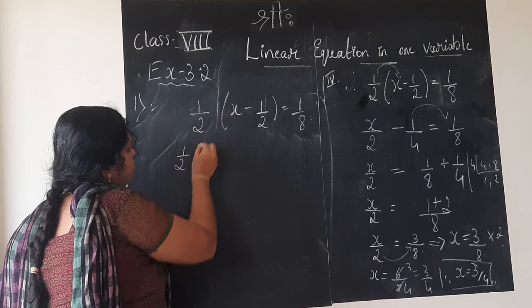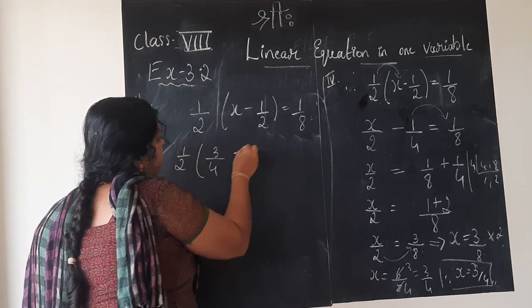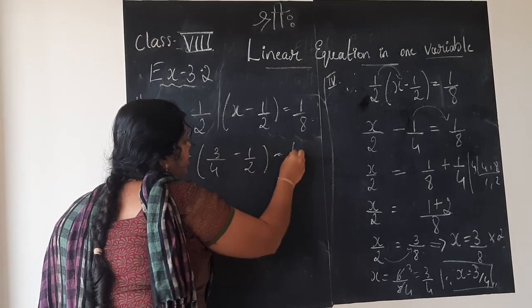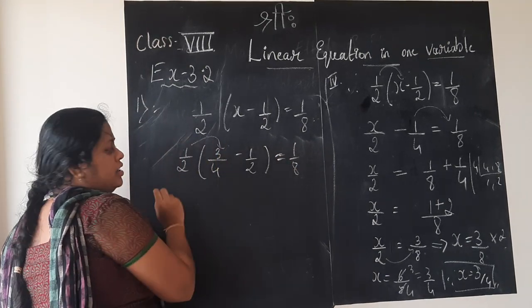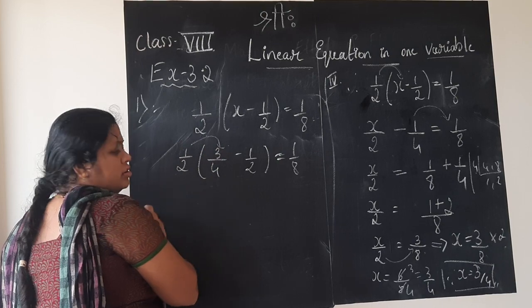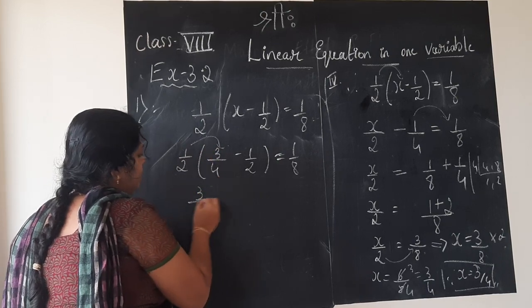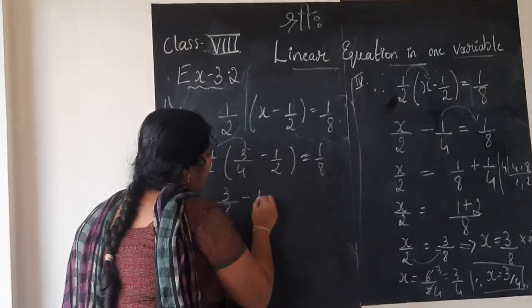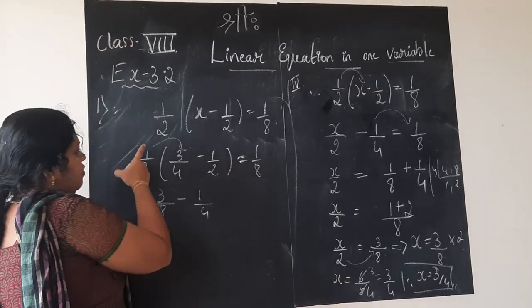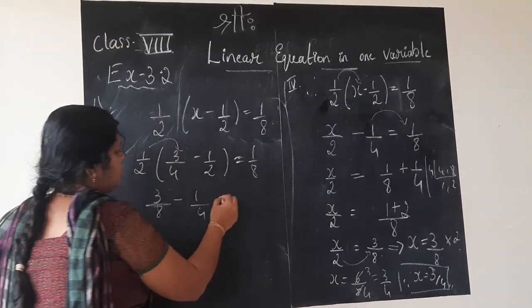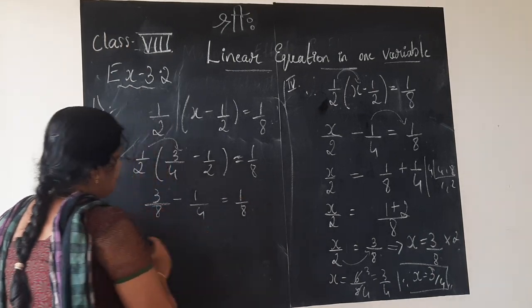So let me substitute. 1 by 2 into 3 by 4 minus 1 by 2 is 1 by 8. Next step, I will multiply 1 by 2 inside. 1 by 2 into 3 by 4. 3 1s are 3, 2 4s are 8. 3 by 8 minus again 1 by 4. Half into half is 1 by 4, children, is equal to 1 by 8.